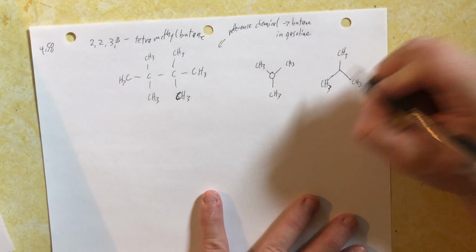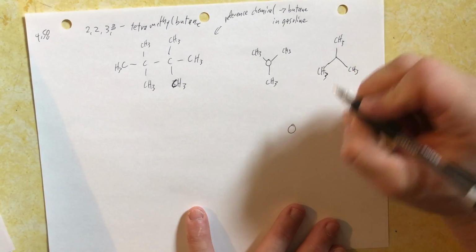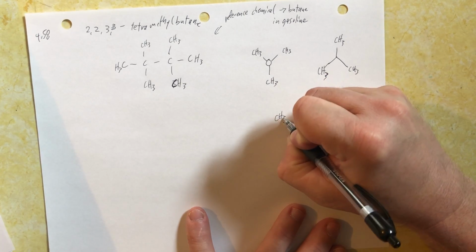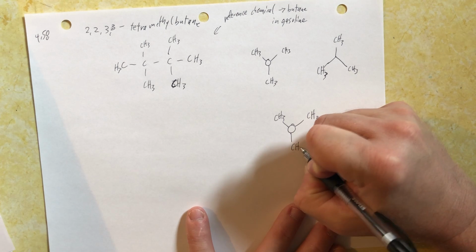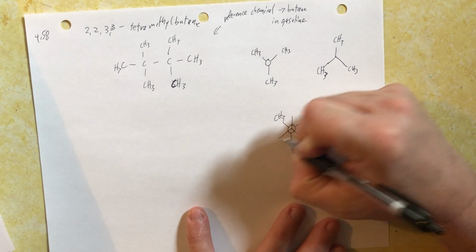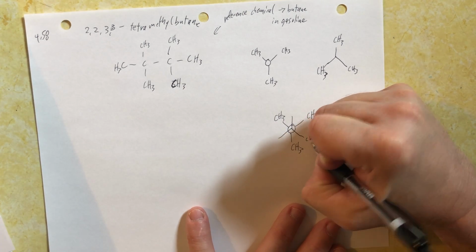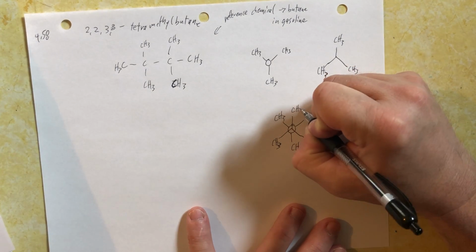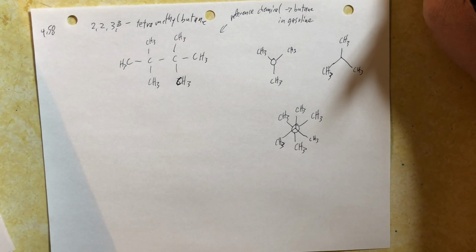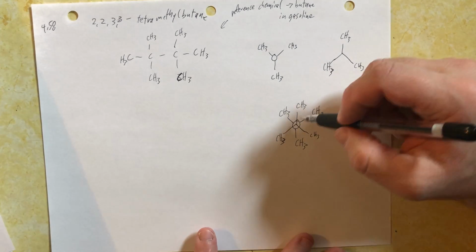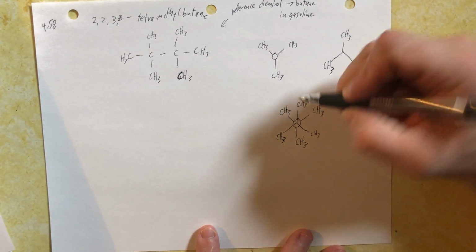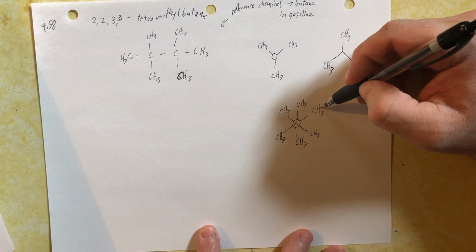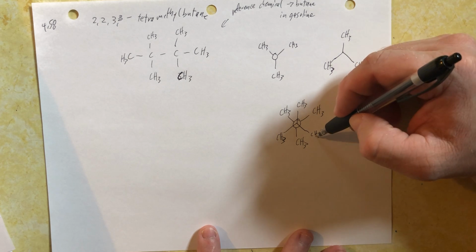And together they would look like this. And so basically, everything's pretty symmetrical. As this rotates around 60 degrees, you would have eclipsing interference, and then staggered.